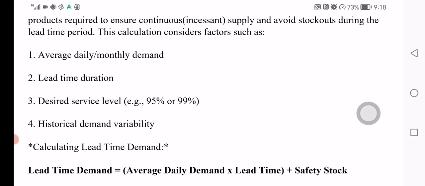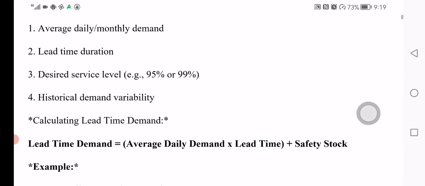And lead time: like you place your orders to the supplier, and it requires 10 days, so the lead time is basically 10 days from order placing until order receiving. It means that you have to multiply average demand by lead time, plus safety stock.